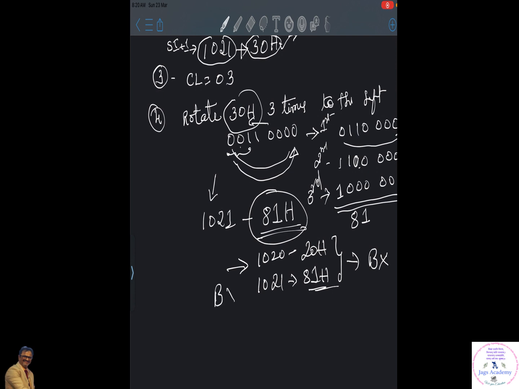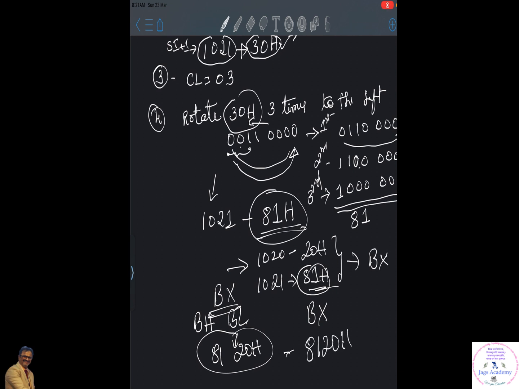That means in BH and BL, in BL the lower byte will come. What is the lower byte? The lower byte is 20H. And in BH the higher byte will come. The higher byte is 81. So totally, the content in the BX register is 8120H.